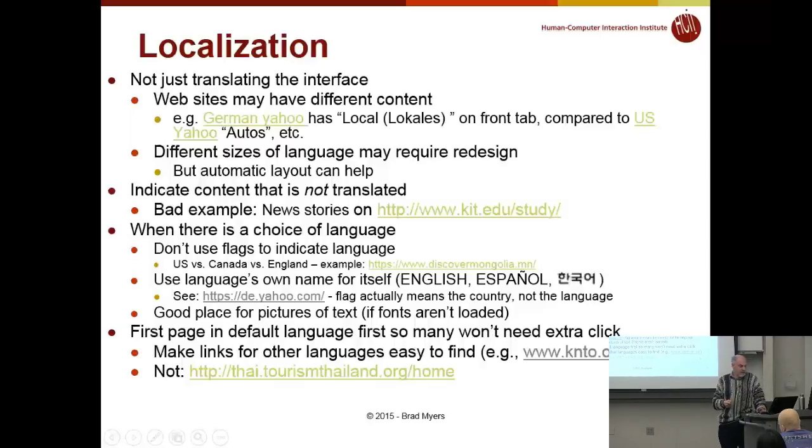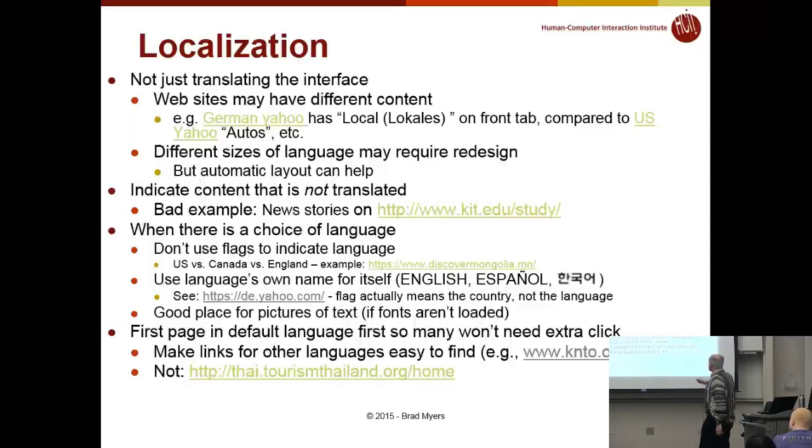And typically, every country has a 2-letter country code. I'm sure everybody's aware of that. And if you go to something .kr, you would pretty much expect it to be in Korean. If you go to .us, you'd expect it to be in English. If you go to another country code, you'd expect the native language, whatever it is.